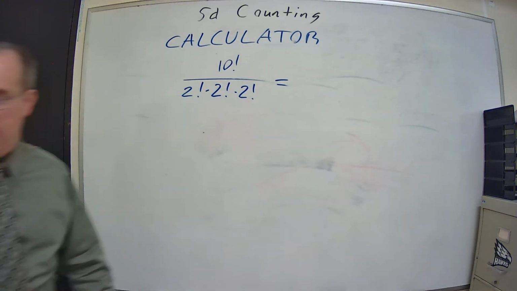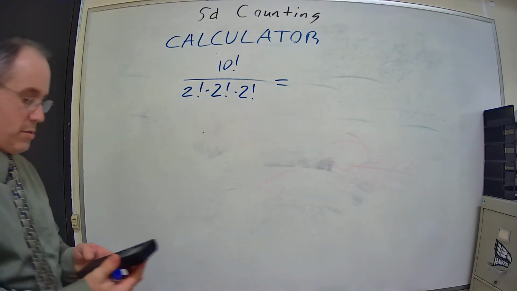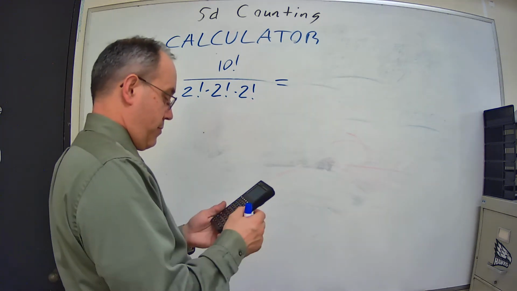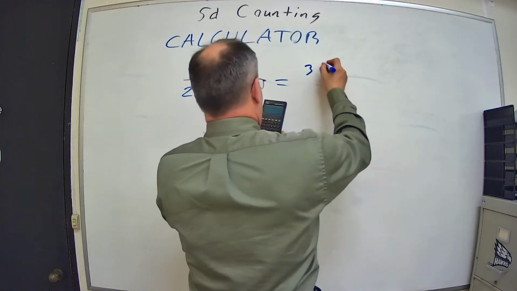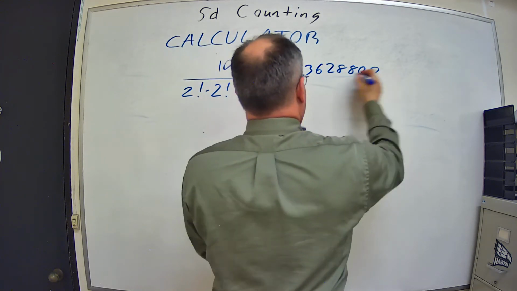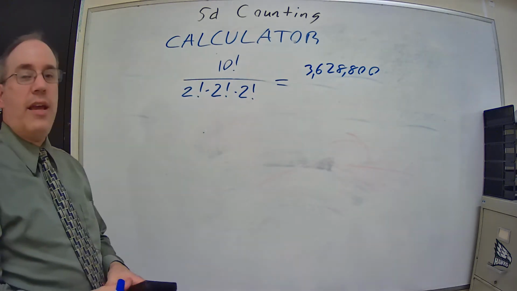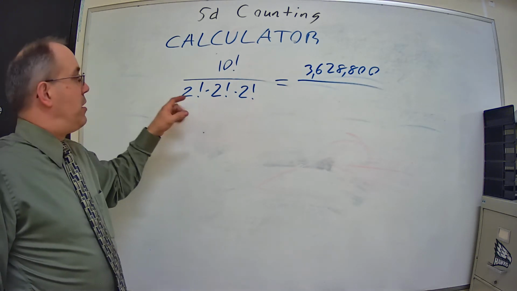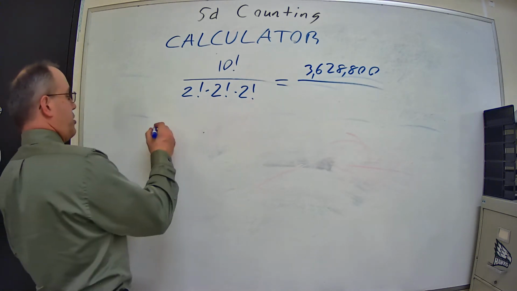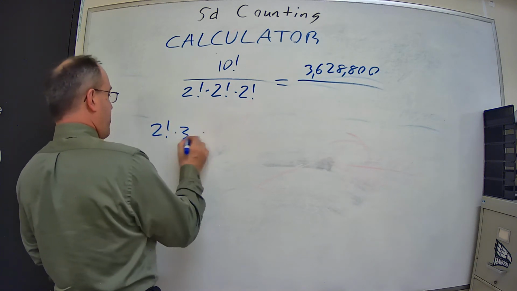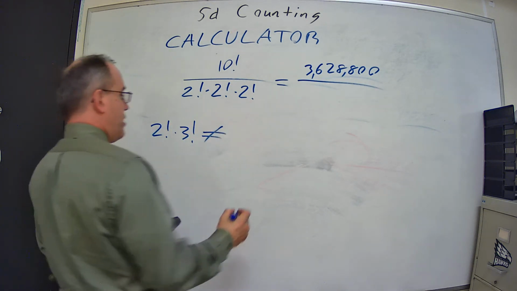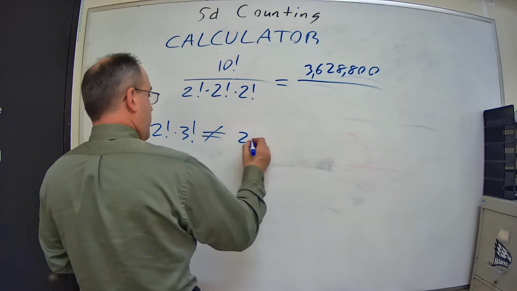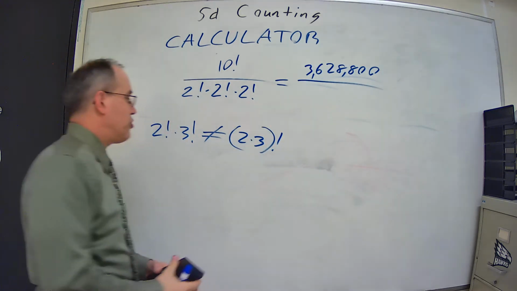So let's find out what 10 factorial is. That is 3,628,800. Now I want to point out 2 factorial times 3 factorial is not equal to 2 times 3 factorial, okay?